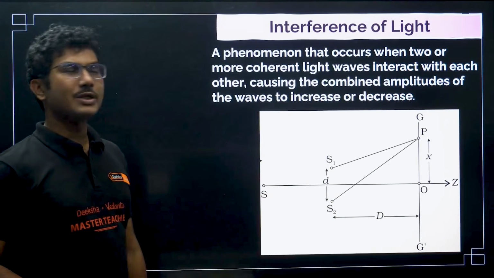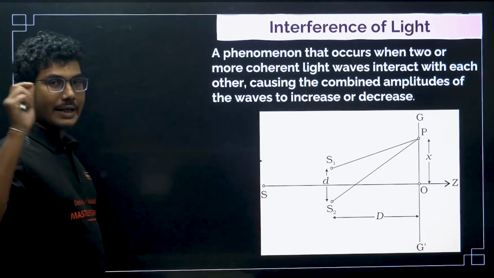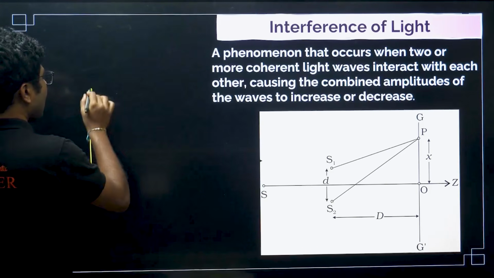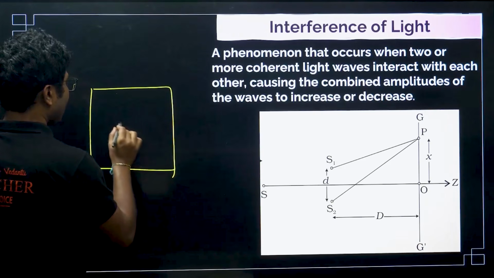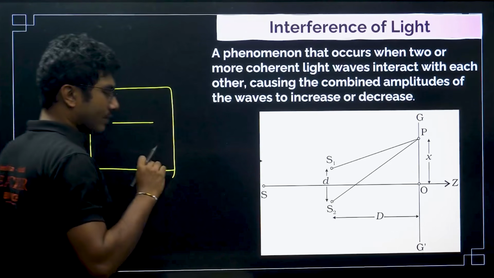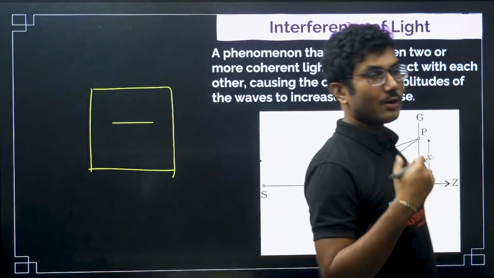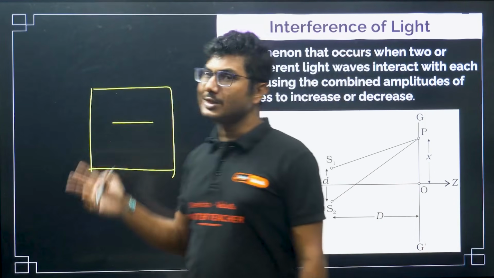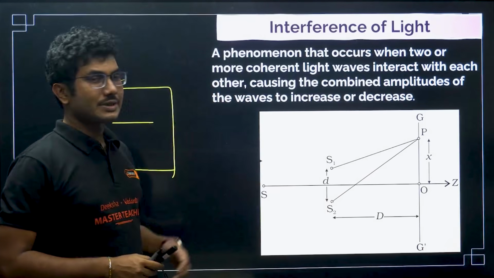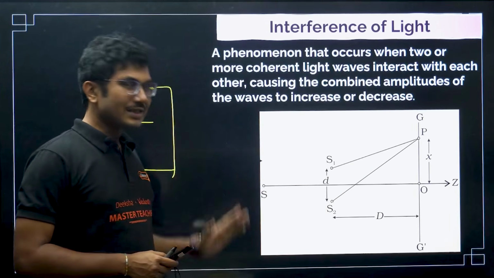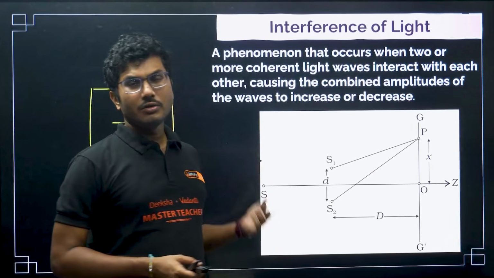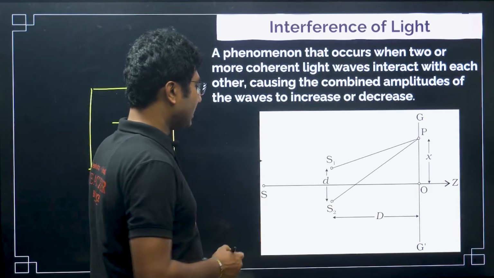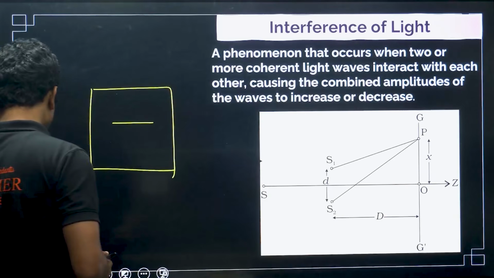Slit means, if you take a razor blade and cut a paper with that blade, whatever opening is there, that opening is called a slit. Generally this source is not a single point source, it is a line source, and even the slits are line slits.